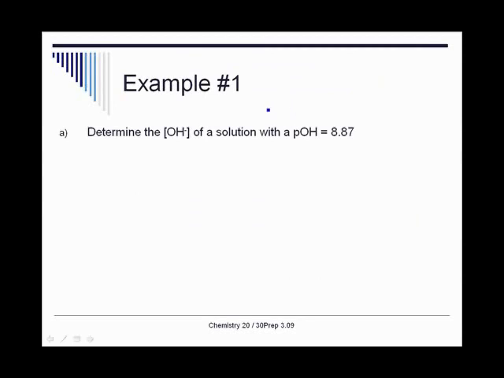We want to determine the concentration of hydroxide ions of a solution with a pOH of 8.87. So we have the pOH. We're looking for the concentration of hydroxide, which is equal to the inverse log of the negative pOH. This means the same thing as 10 to the power of negative pOH.